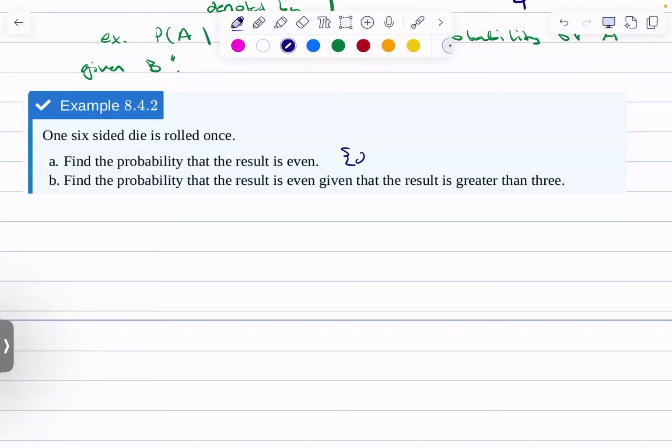If it's even, it can be 2, 4, or 6, which is 3 out of the 6 outcomes. So for A, the probability of an even roll is 3 out of the 6 possible outcomes. Right? Because S, our sample space, can be 1, 2, 3, 4, 5, 6.